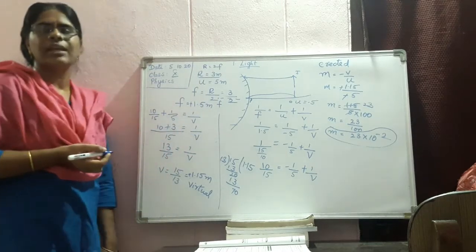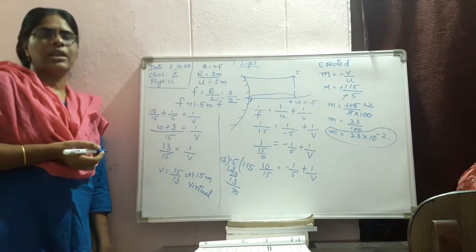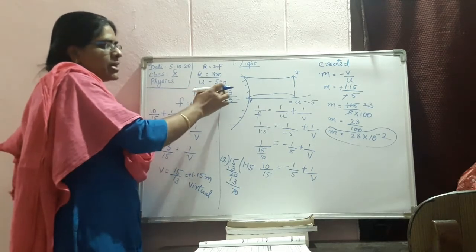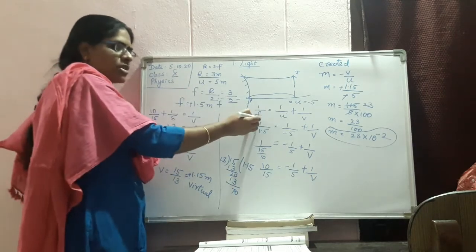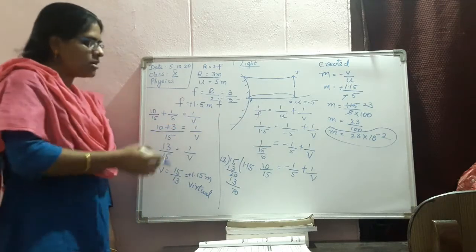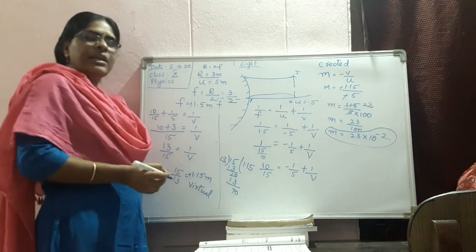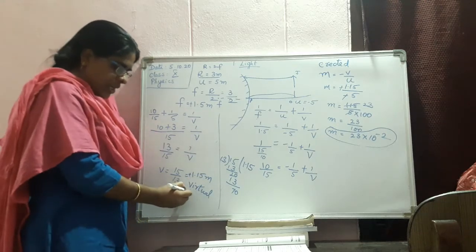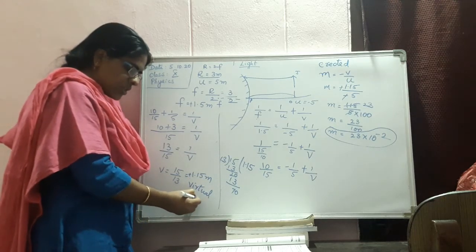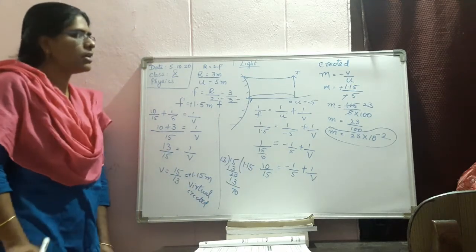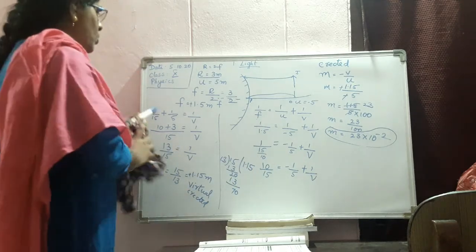From that you can calculate the focal length. F is nothing but R by 2. By substituting all the values in the mirror equation formula, you will get the magnification and nature of the image. Virtual images, you can write here, are always erect images.